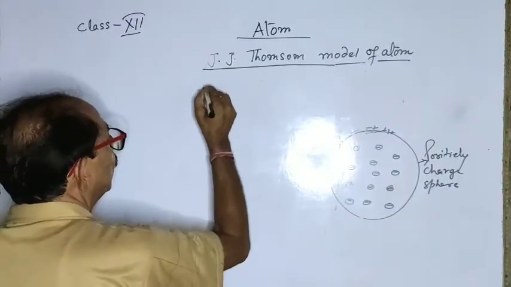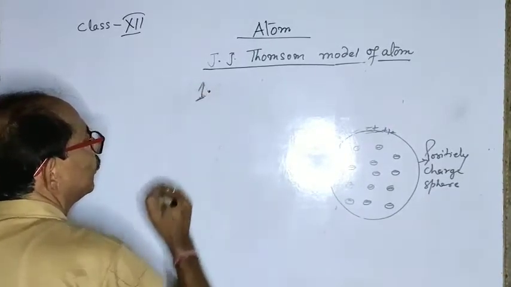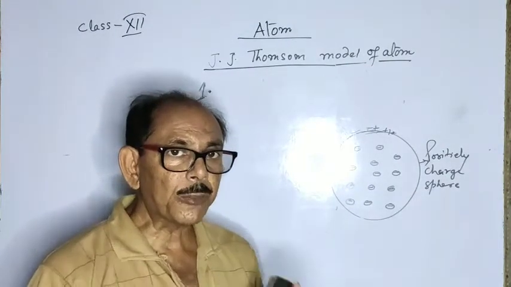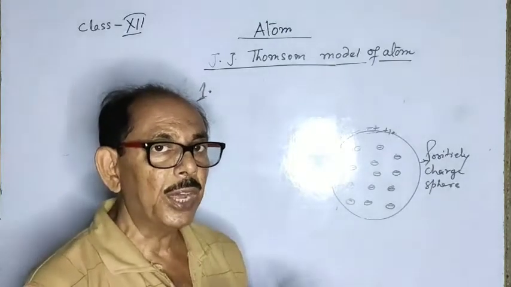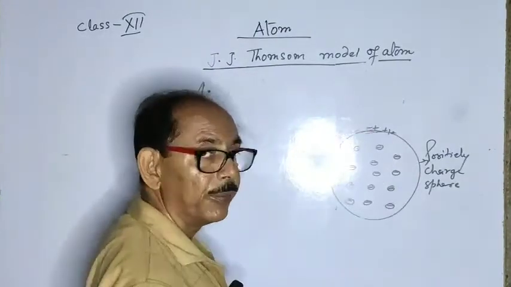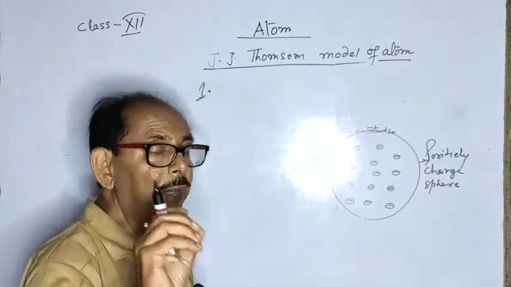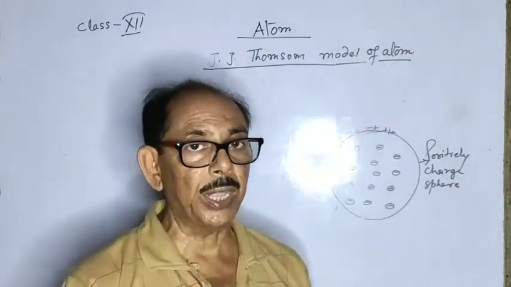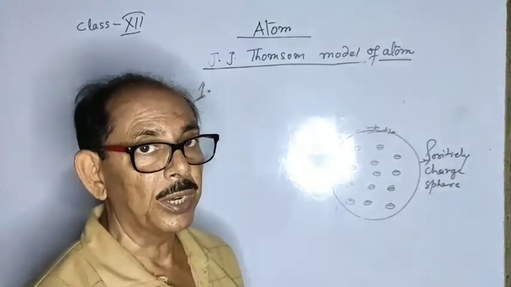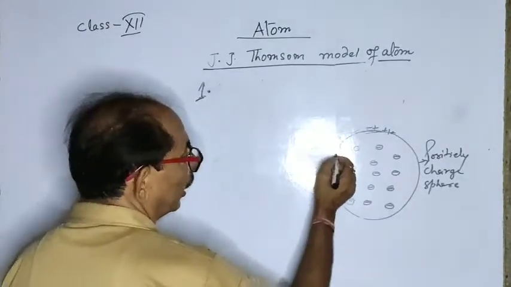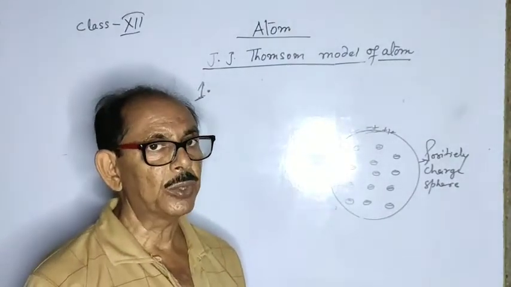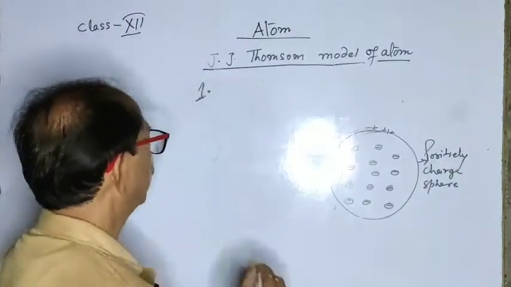The first reason was he did not explain how and why alpha scattering takes place when alpha particles strike an atom. जब अल्फा पार्टिकल किसी एटम से टकराता है तो कैसे और क्यों स्कैटर होता है, by some large angle, इसके बारे में उन्होंने कुछ नहीं बताया था.